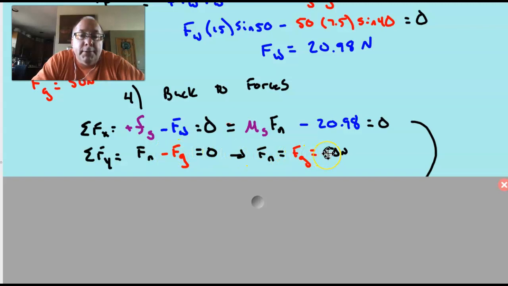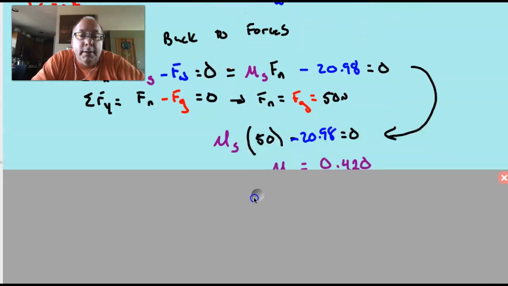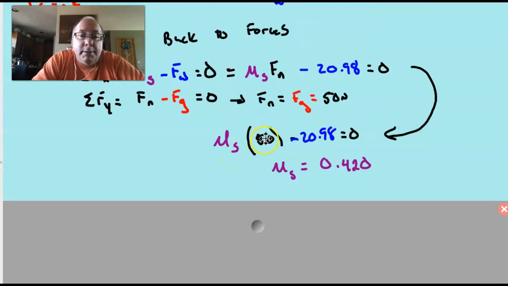And that's 50 newtons. So putting all of that together, we would have mu sub s times the normal force, 50, equal to the wall force, and we can solve for our mu sub s of 0.420. That seems like a reasonable value. That's kind of a long road, but that's how the whole thing works, and hopefully that makes some sense.